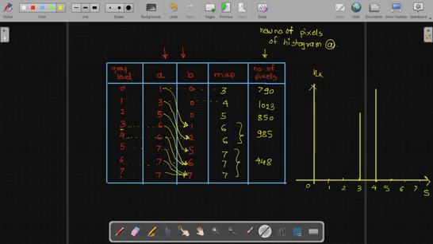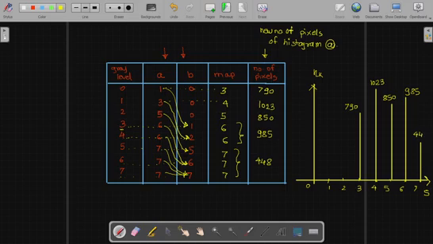For gray level 5 we are having 850 pixels. For gray level 6 we are having 985 pixels, and for gray level 7 we are having 448 pixels. And for the rest we are having value equal to 0.